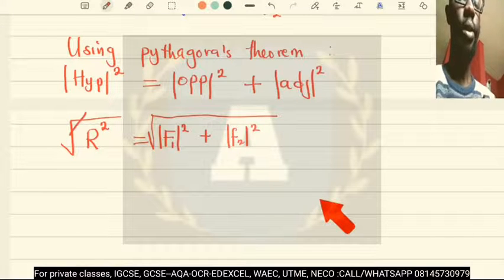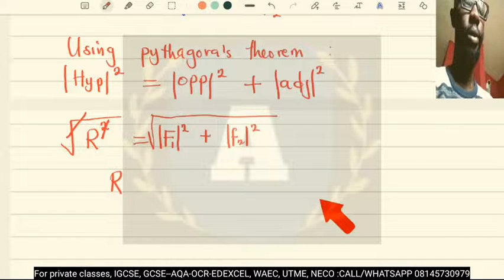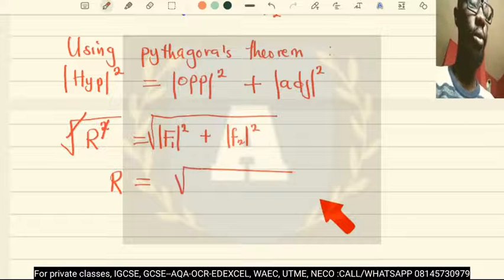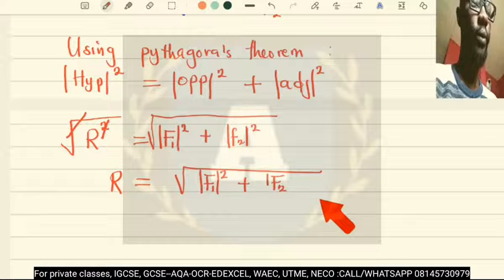Now this square root can easily cancel out this, so that the resultant will therefore be equal to the square root of F1 squared plus F2 squared.